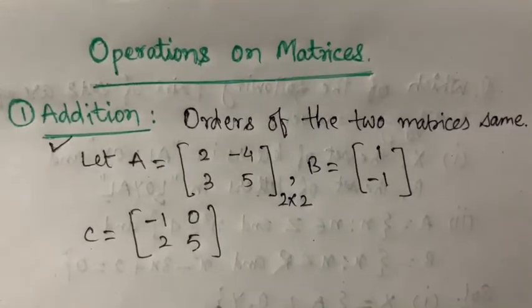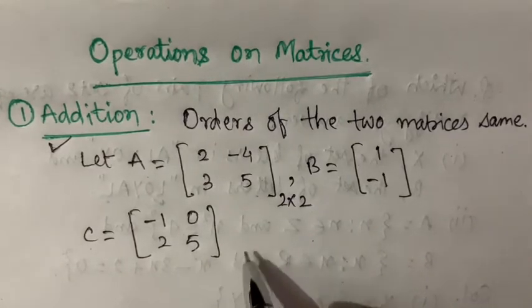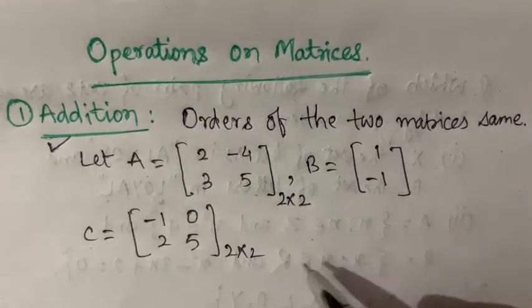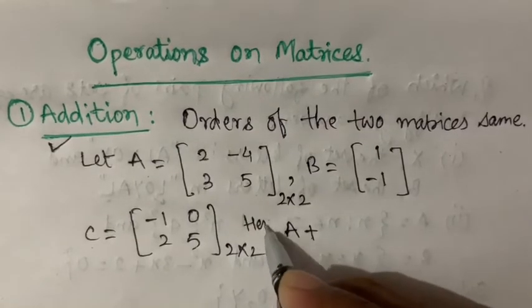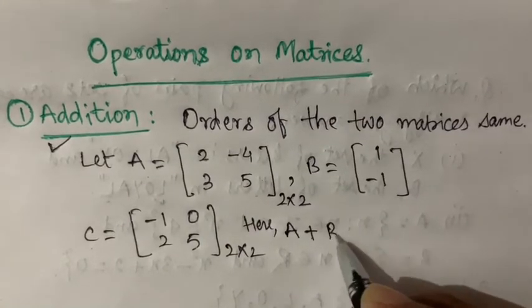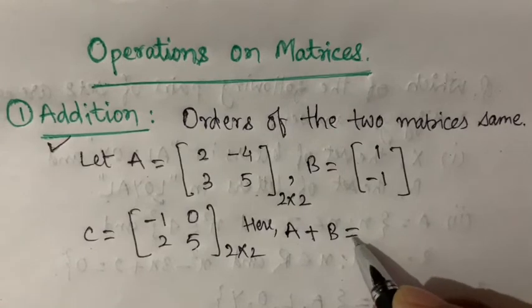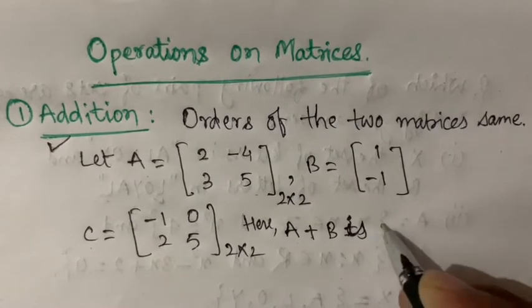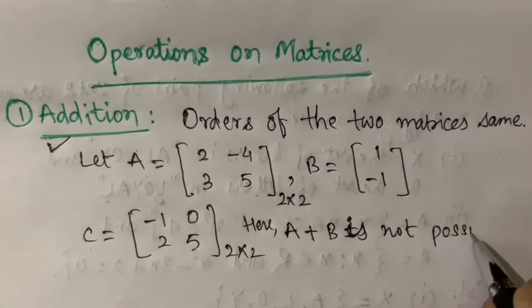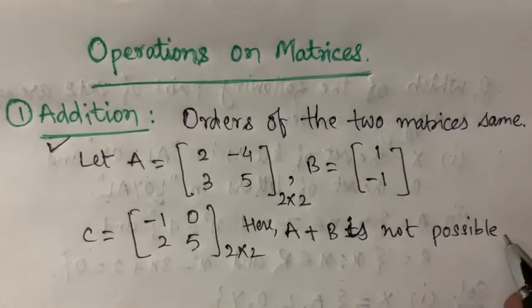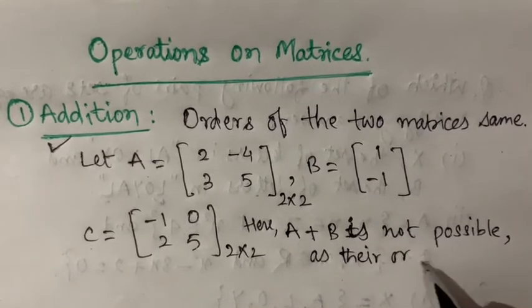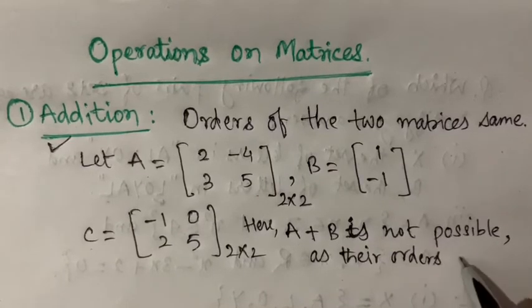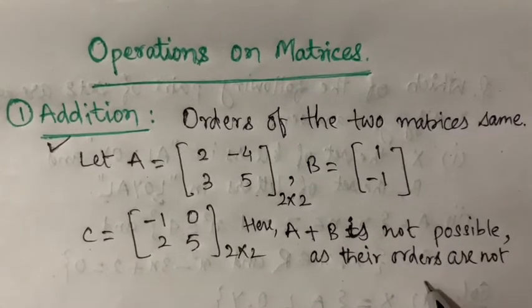It is not just an arbitrary matrix, but orders must be the same, then only will we be able to add them. That means A plus B. Here, if we see, A plus B is not possible, as their orders are not the same, right?